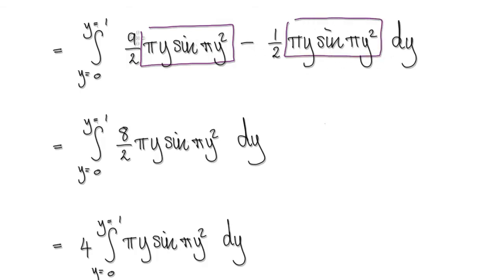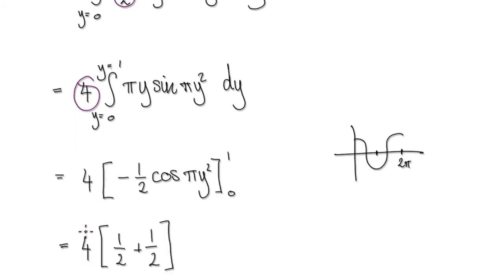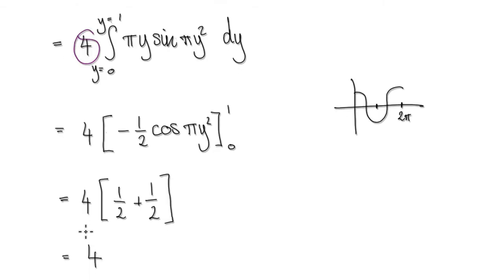So 9 over 2 take away 1 over 2 would be 8 over 2, which is the number 4. Okay, so that will then take us to here. So now integrate this with respect to y.